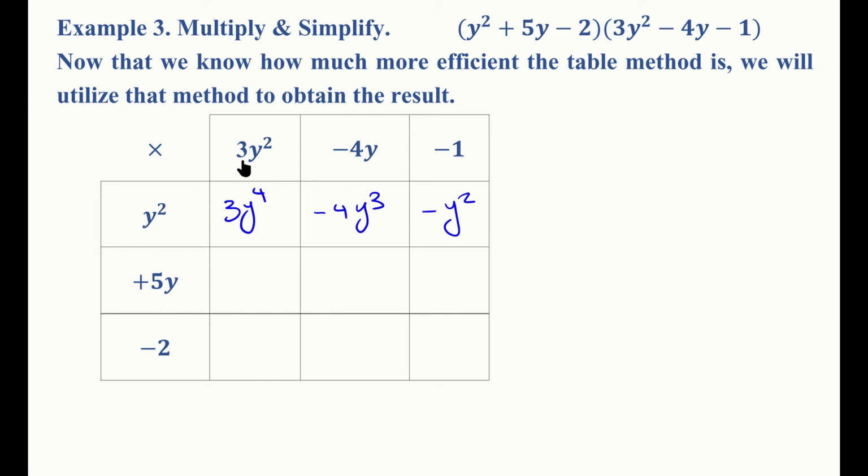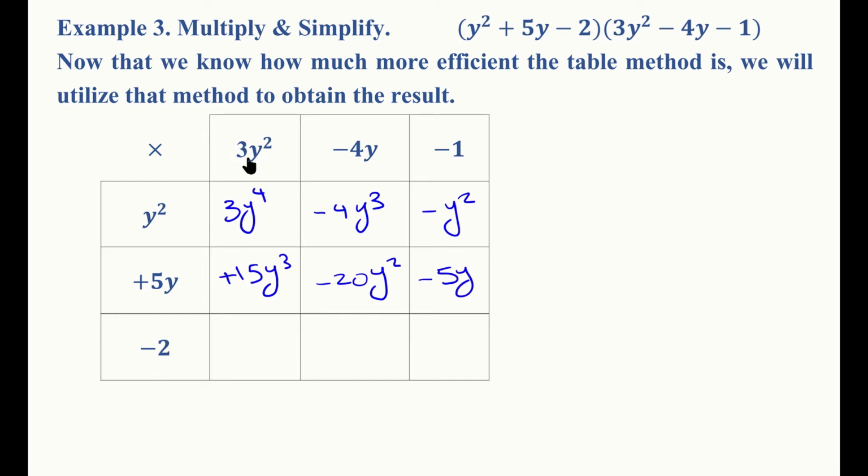Positive 5y times 3y squared is going to give us positive 15y cubed. Positive 5y times negative 4y is going to go here, and it's going to be negative 20y squared. Positive 5y times negative 1 is going to be negative 5y.